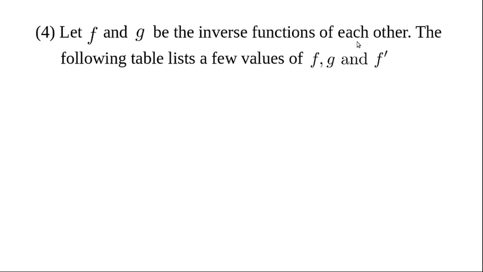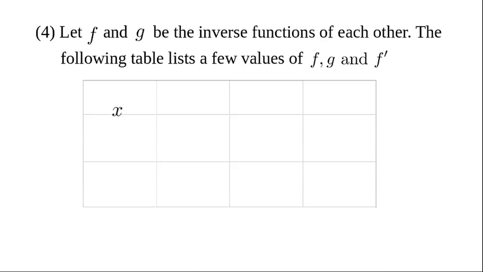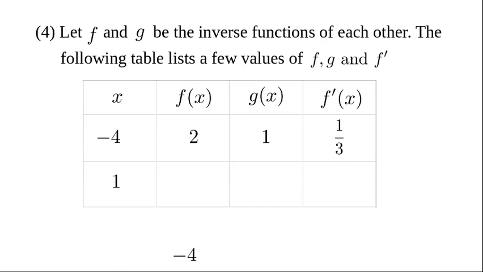In the next example, we are given a list of values of functions f, g and the derivative of f of x. x, f of x, g of x, f dash of x are given. When x is minus 4, f of x is 2, g of x is 1 and f dash of x is 1 by 3. When x is 1, f of x is 4, g of x is minus 2 and f dash of x is 4.